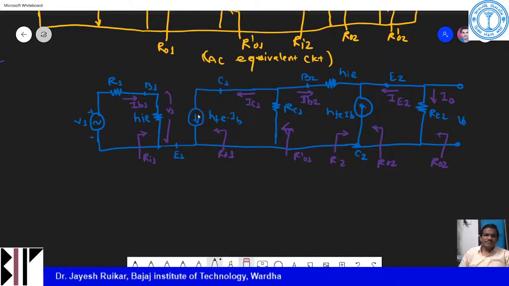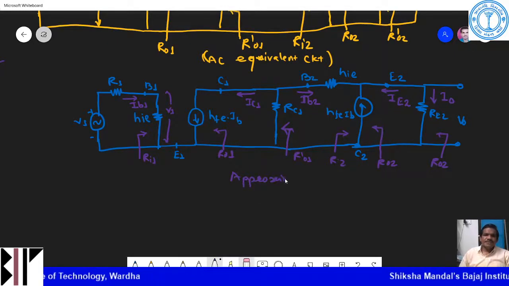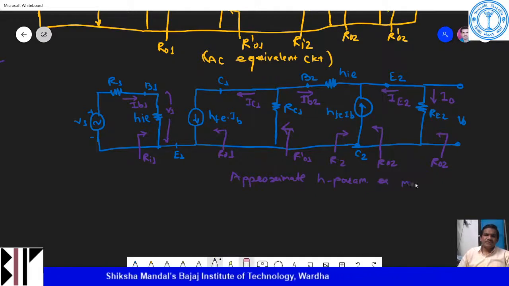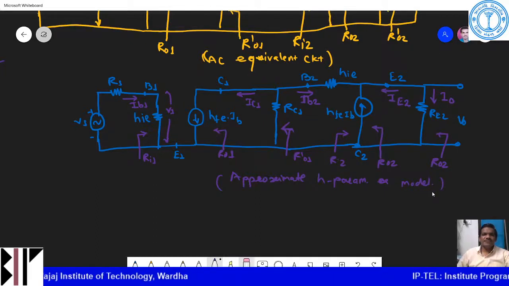So this is my approximate H parameter model.